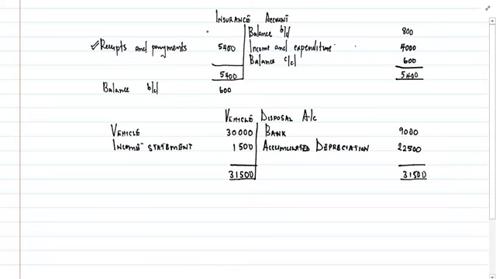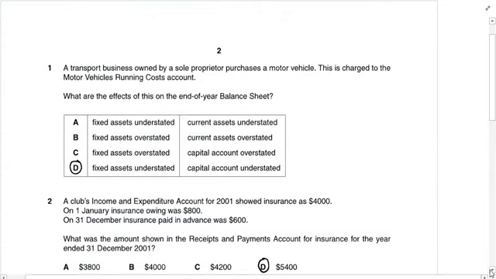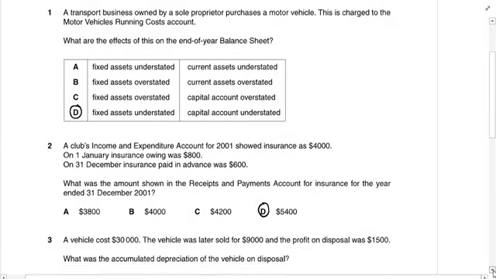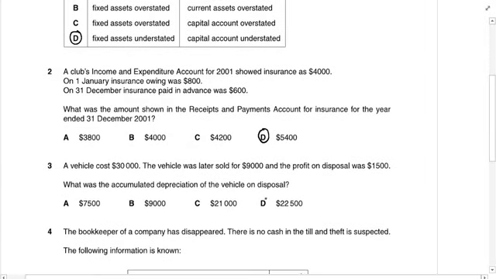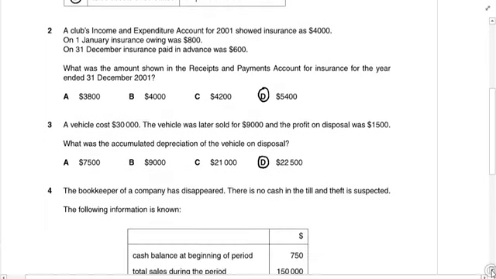Then we go back to our question. We are looking for 22,500. There it is. Letter D.